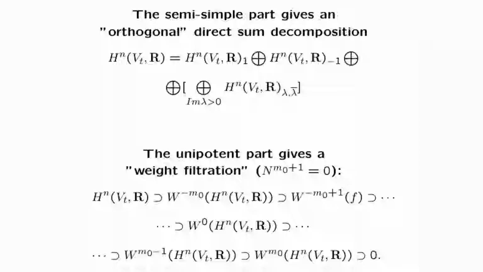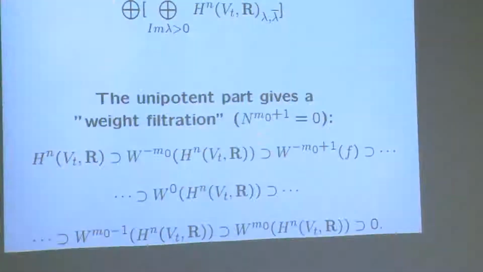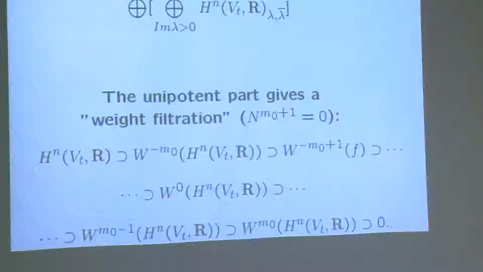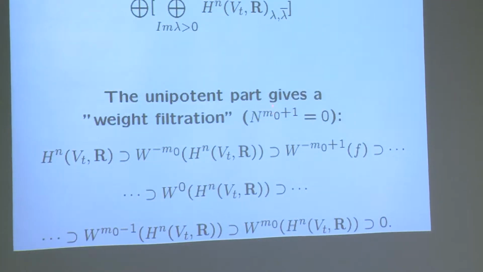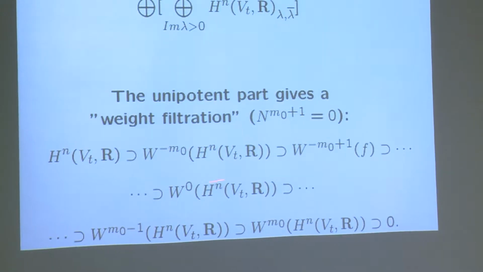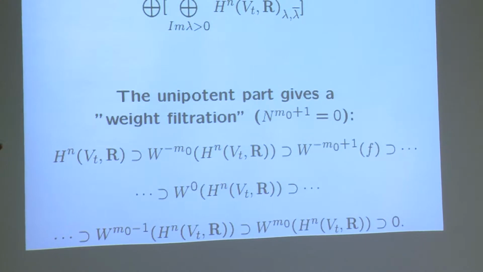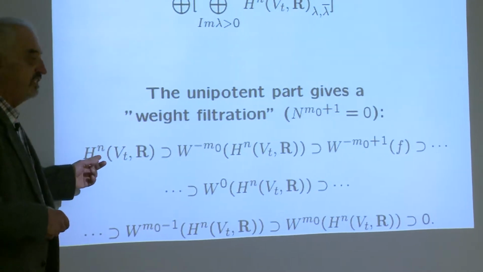And so this gives me a decomposition of cohomology. And the unipotent part gives what's called the weight filtration. If N to the m0 plus 1 is 0, but N to the m0 is not 0, the order of nilpotency is m0, and this gives rise to a canonical flag in the space.